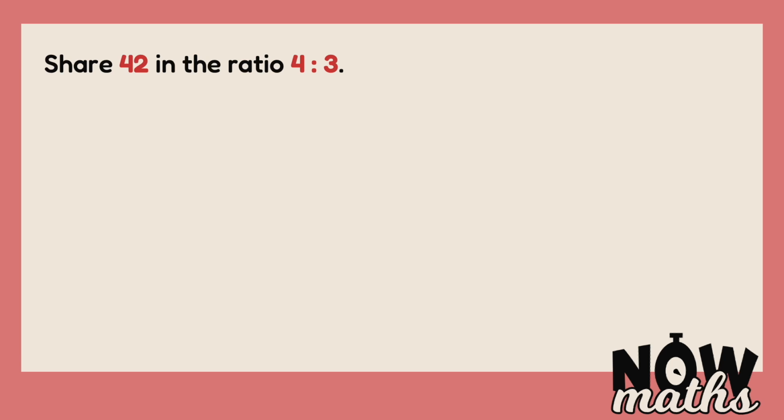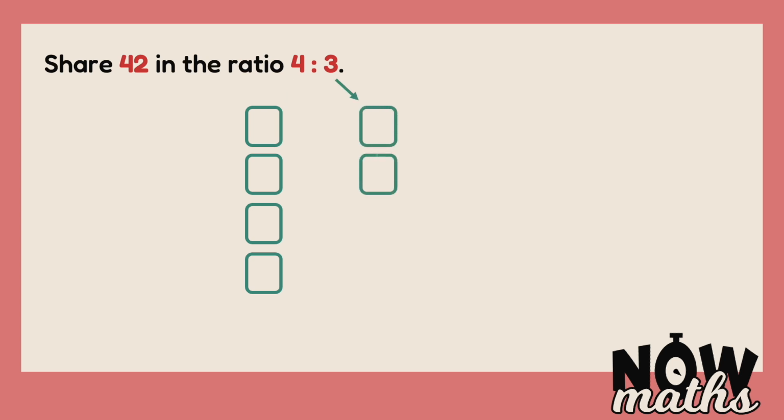We're going to start this question the same way that we did previously by drawing a diagram. So we'll look at the 4 parts of the ratio first, and to represent 4 parts, we draw 4 empty boxes. Then we look at the 3 parts second, so we draw 3 empty boxes to represent the 3 parts. Now we need to work out how do we split 42 into all of the parts in the ratio.